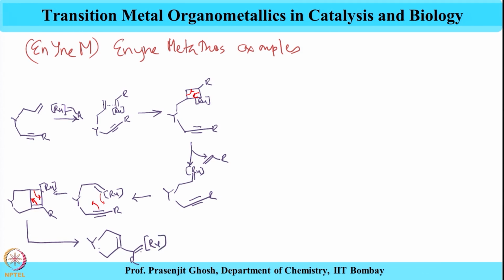Now, there are two intermediates being formed, metallocyclobutane intermediates. This is called metallocyclobutane and this one is called metallocyclobutene intermediate.